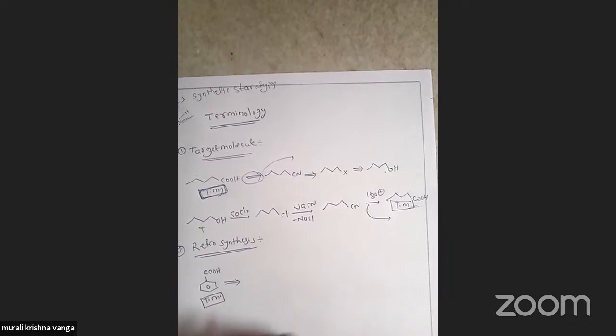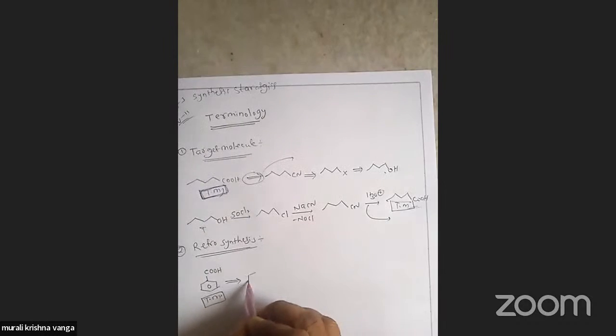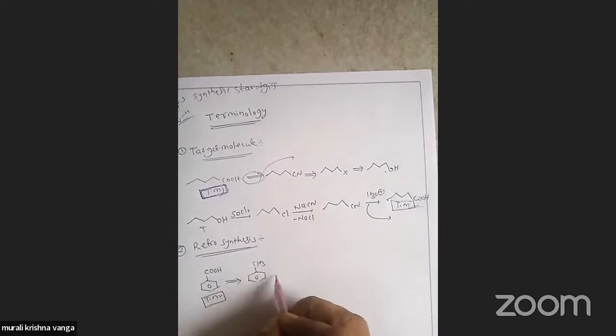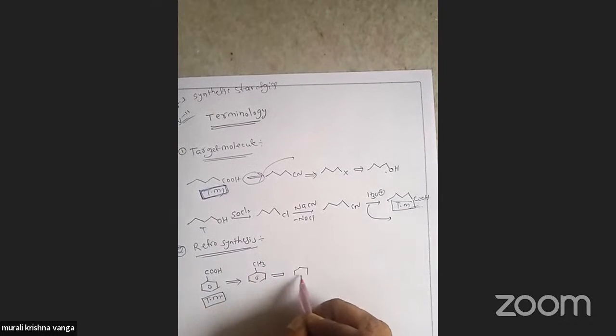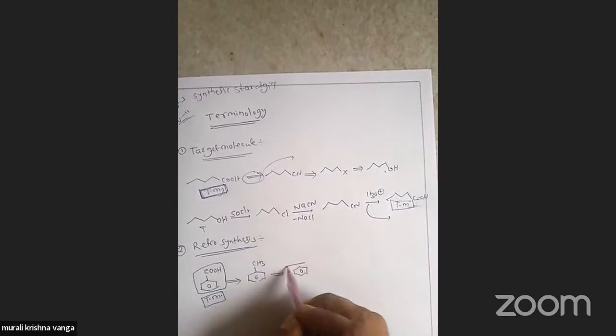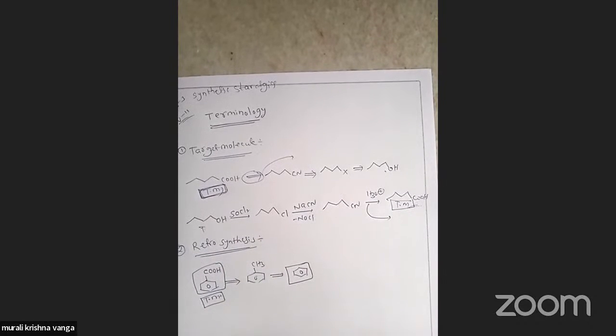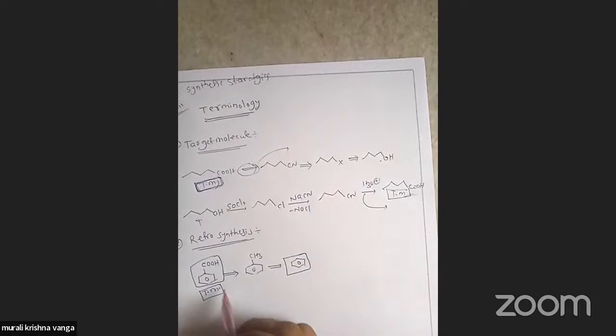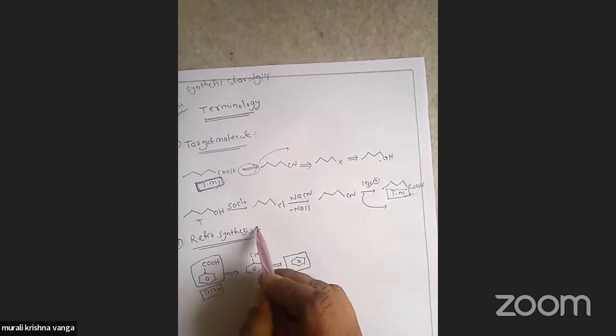When this target molecule undergoes retrosynthetic analysis, first benzoic acid is converted into toluene, and then toluene is converted into benzene. Compared to benzoic acid, toluene is a cheaper and readily available starting material. Therefore, the target molecule is converted into readily available, cheaper starting material, which is called retrosynthesis.